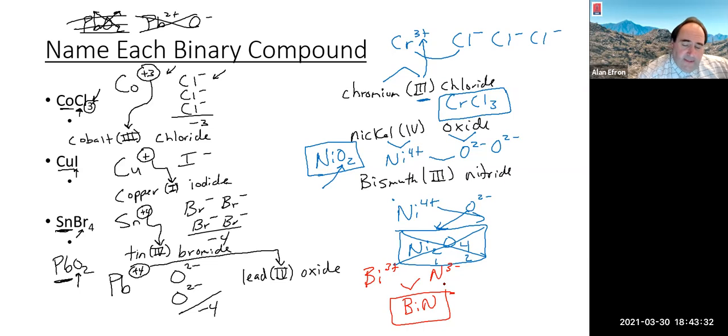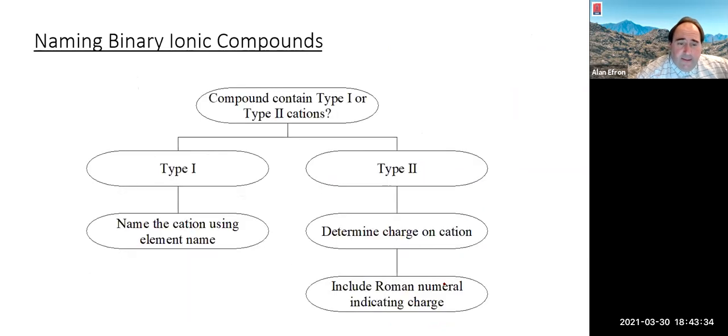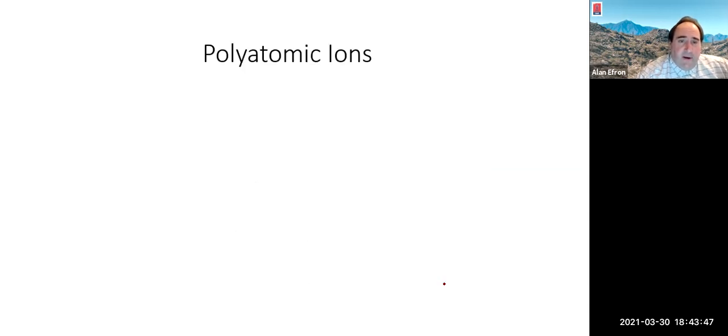So let's talk about, here's a decision tree as to which way to go. Type 1, name a cation using the element name, determine the charge, and include a Roman numeral for type 2. Let's talk about polyatomic ions. Polyatomic ions are groups of nonmetals that are together through covalent bonding, but have a charge overall.